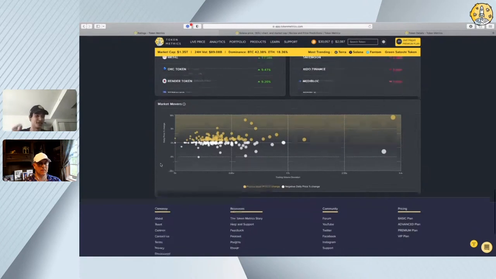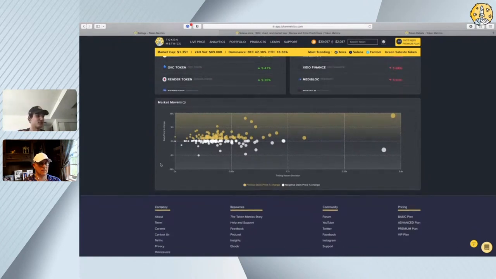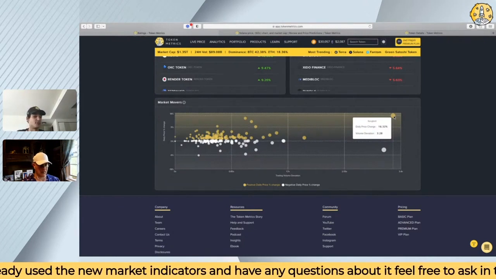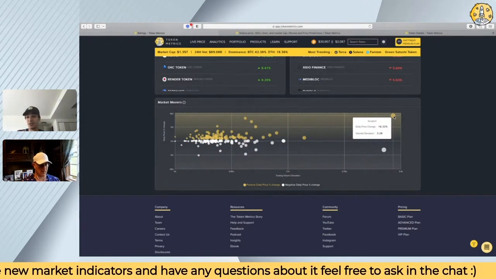Now obviously, when you hover your cursor here, you would see the coin, the percent change in price, and the volume deviation. So the use of this is, if we look right now at Songbird, it had a 16% price change, but it also had a very big volume deviation.